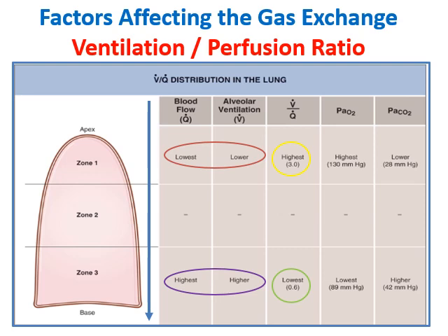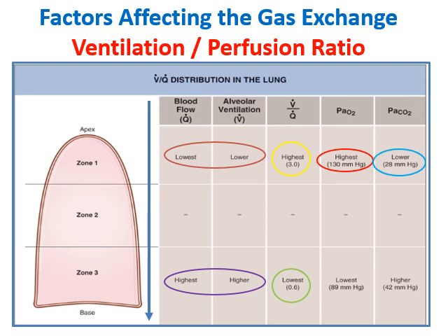These regional differences in the ventilation-perfusion ratio produce regional differences in the partial pressure of oxygen and carbon dioxide in the blood. In zone 1, where the ventilation-perfusion ratio is highest, the partial pressure of oxygen is highest and the partial pressure of carbon dioxide is lowest.